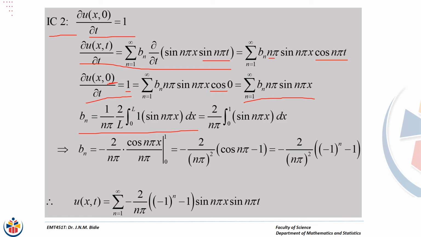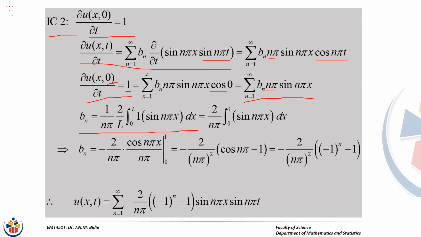Now note this. Because of the presence of n pi under the summation sign, we have to have bn equal to 1 over that n pi. Hence, we have 1 over n pi multiplied by 2 over L times that integral. Then we integrate.